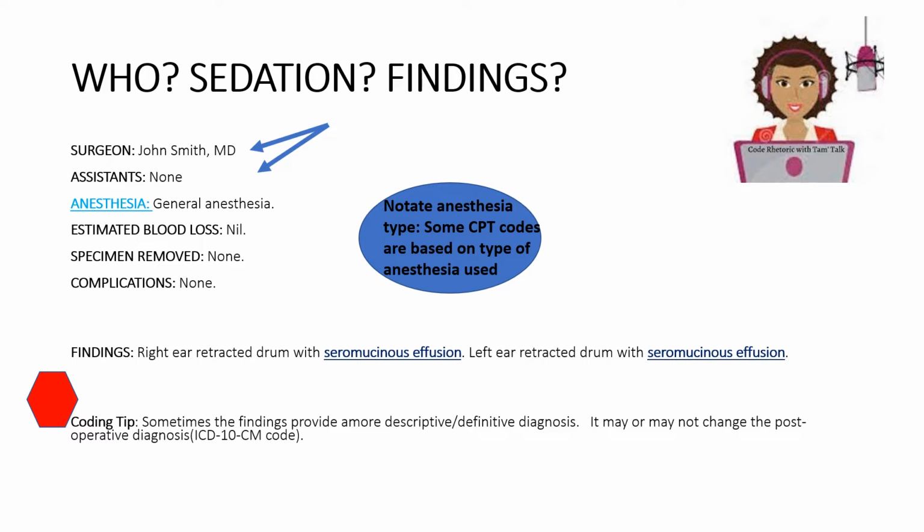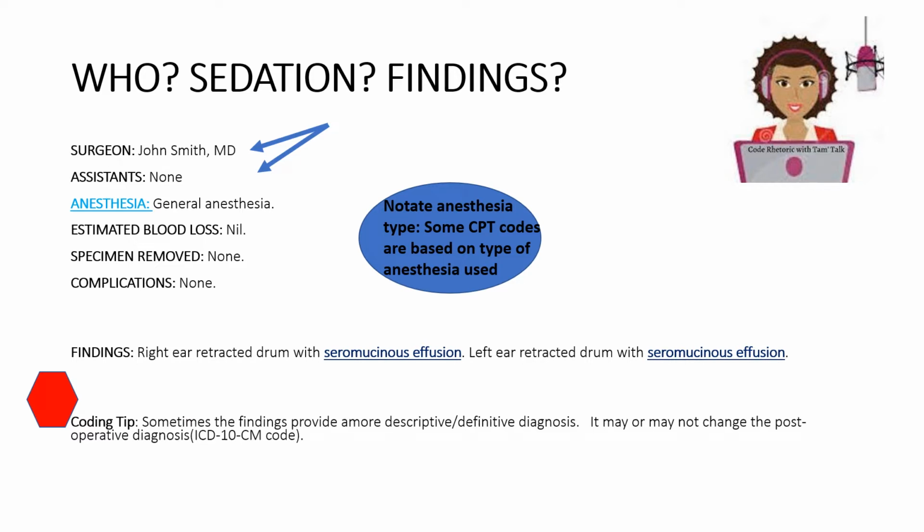Also, with the findings, the doctor specified that in the right ear, there was some seromucinous effusion, as well as some seromucinous effusion in the left ear. Now, with the findings, which is another coding tip, sometimes the findings could provide a more descriptive or higher specificity of our ICD-10 or diagnosis codes.